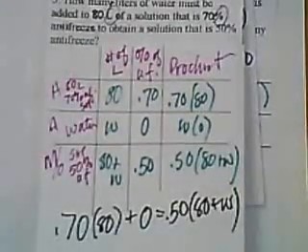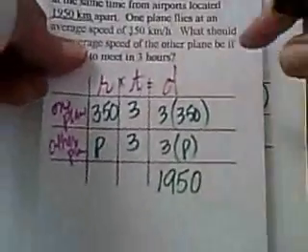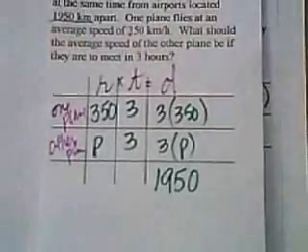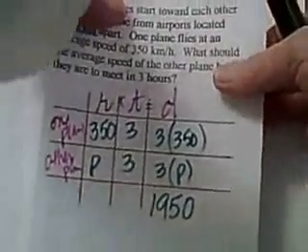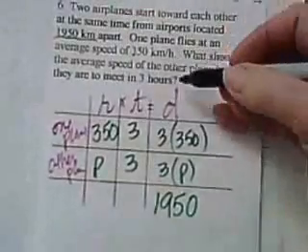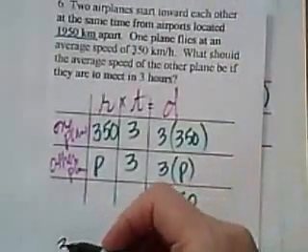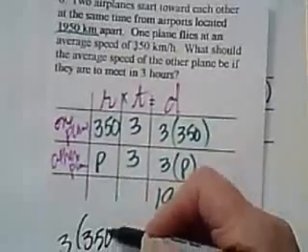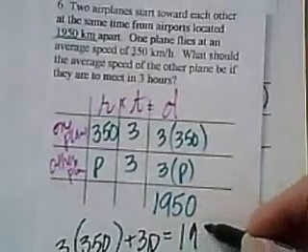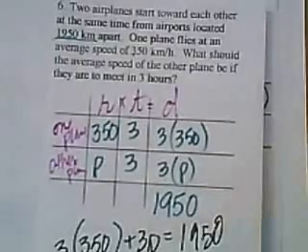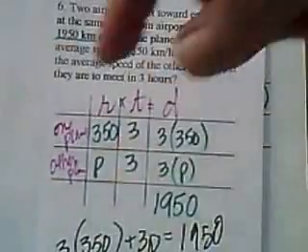And number 6 are the 2 airplanes that are flying, and hopefully we can see all these. And again, it's the same thing, 3 times 350 plus 3p equals 1950. And that will give you the other speed.